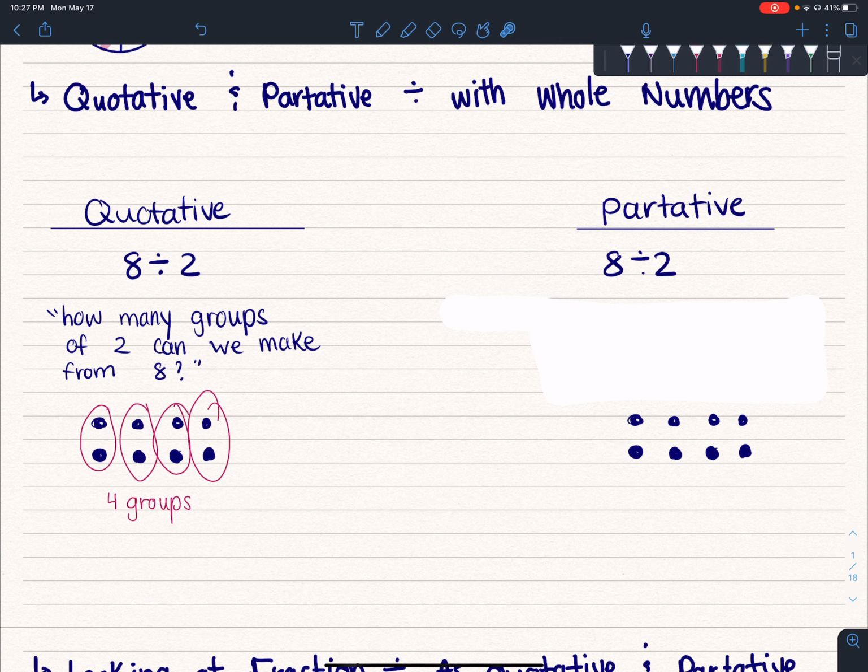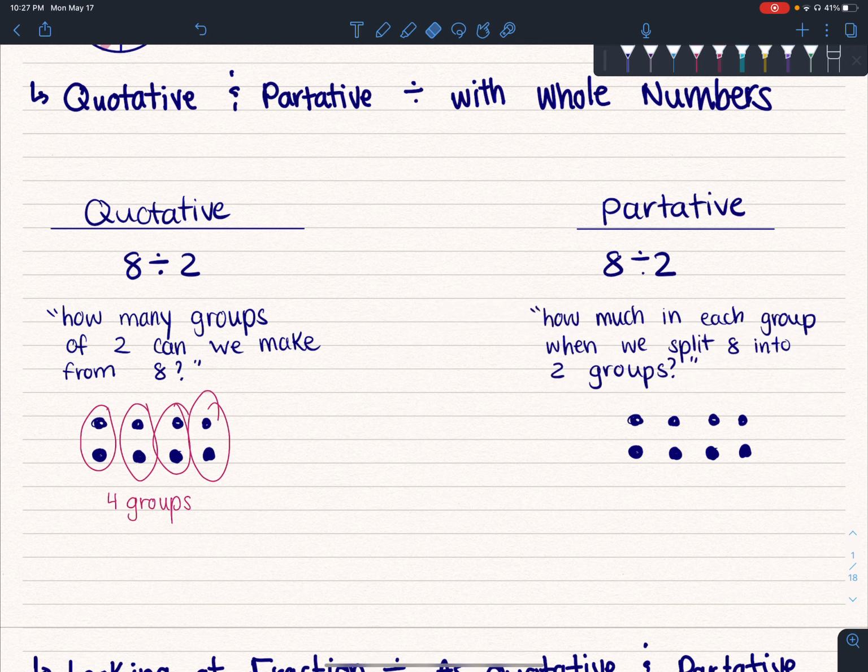So that's quotative. The other way that I can conceptualize division is in the reverse. Instead of looking at the groups, I ask myself how many elements I have in a group. So here, if instead I ask myself how much in each group when we split 8 into 2 groups. So I'm doing the reverse. So now I'm splitting 8 into 2 groups, one here and one here, and I'm interested only in what's inside one group.